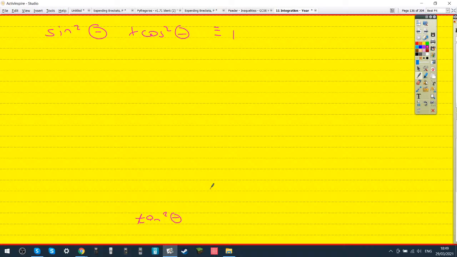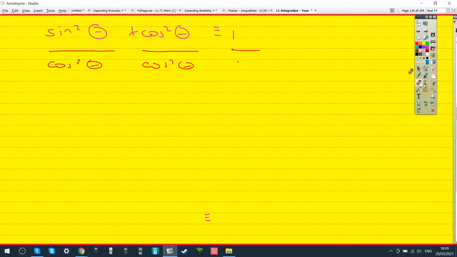Do I need to divide both sides by cos squared theta? Yep. And then I'll get tan squared theta plus 1 is the same as sec squared theta. Yep. And so no, that's good. I think, is that good? Yeah, that's what we should have.